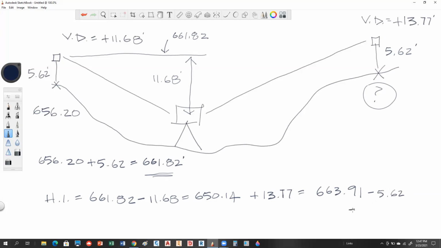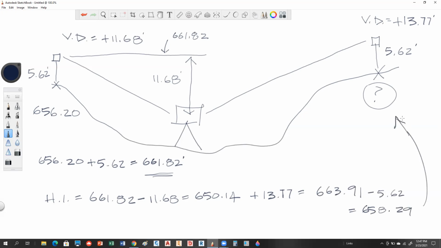Subtract that rod, right? So what do we come up with? 658.29. Yes. So that would be the elevation of that point right there.